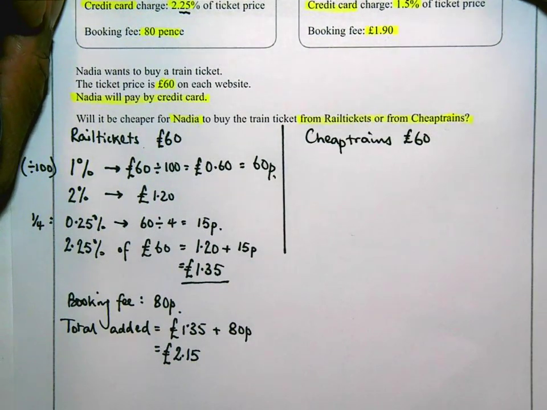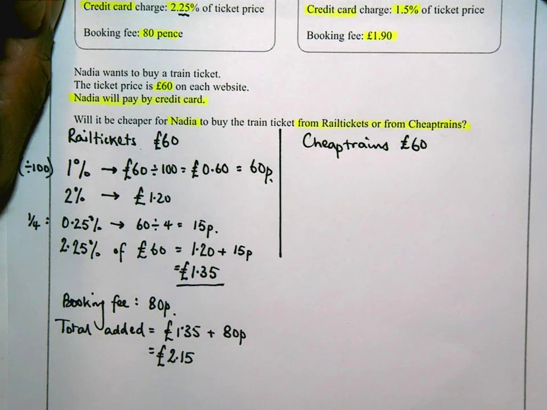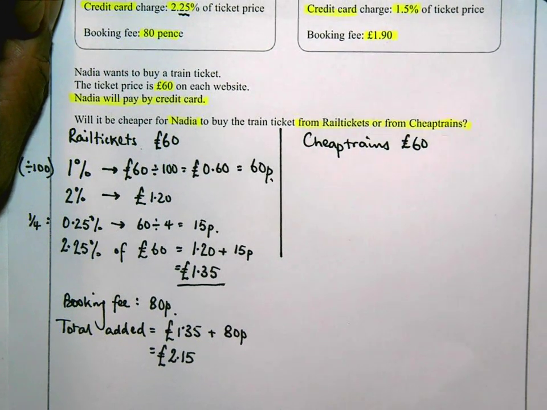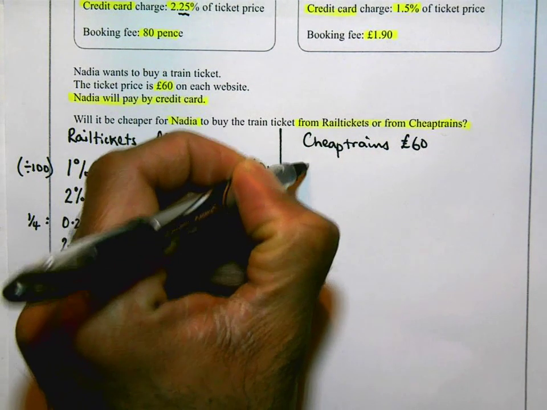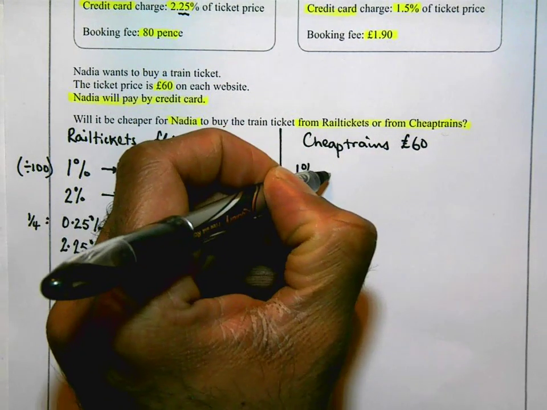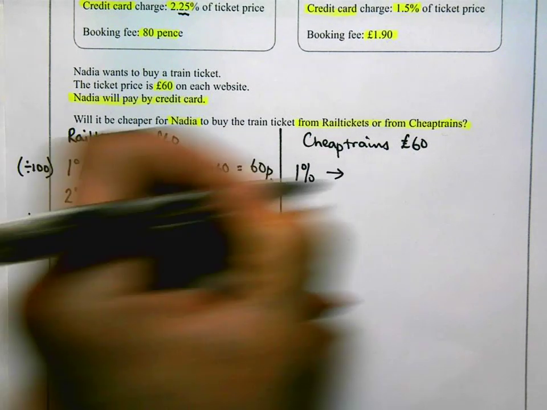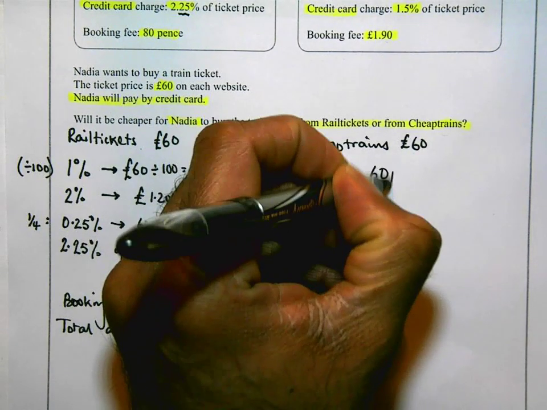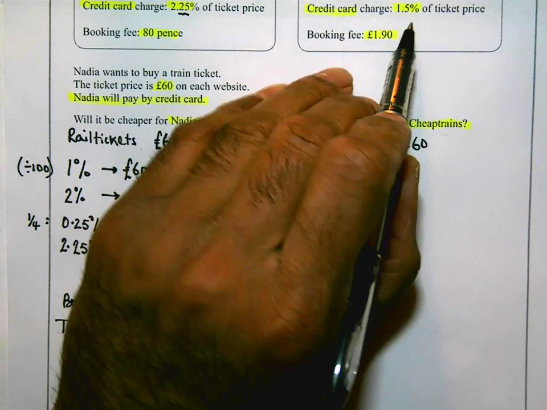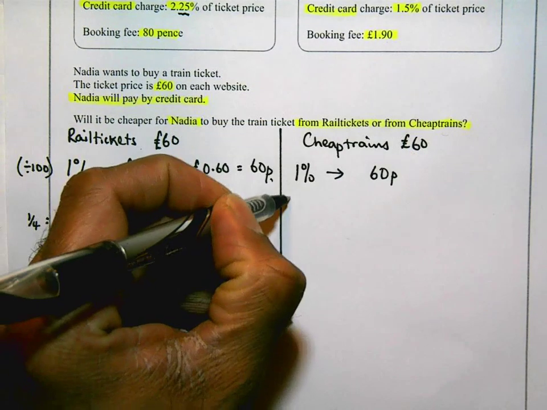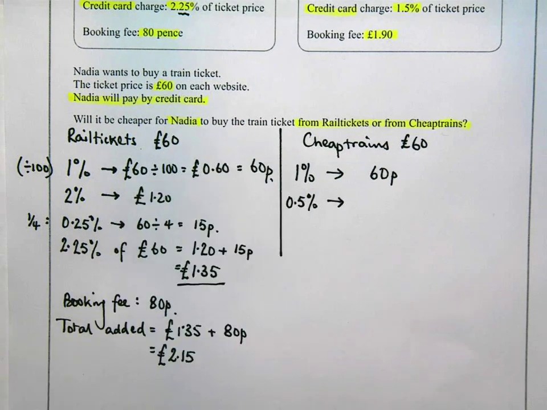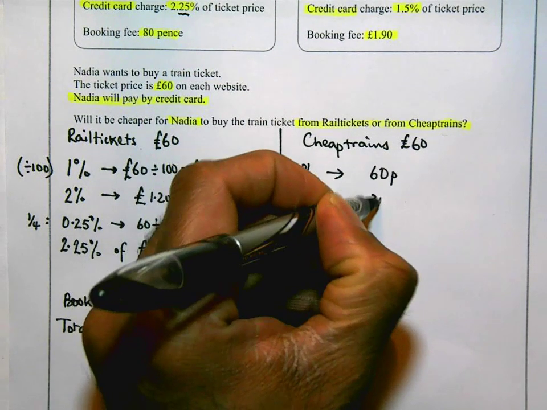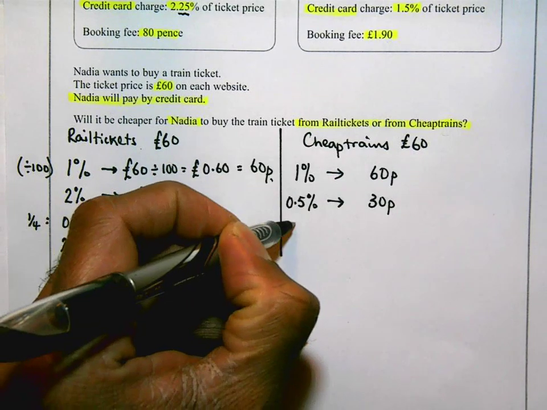I'm going to use a similar method. 1% of 60, I've actually worked that out here: 1% is 60 pence. It's 1.5%, so working out 0.5%, that's going to be half of that, which is 30 pence. So what that means is 1.5% is going to be 90p.